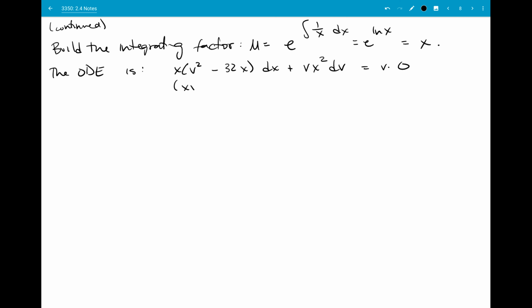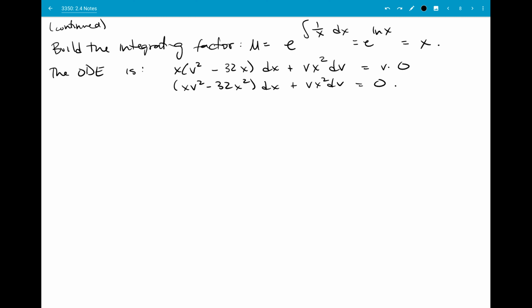So that's just xv squared minus 32x squared dx plus vx squared dv equal to 0. And if you wanted to check that that's exact, you could. The derivative of this with respect to v is 2xv, and the derivative of this with respect to x is 2xv. Those two things are the same, so this is an exact equation.